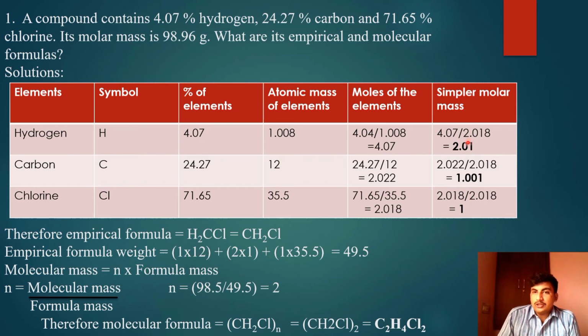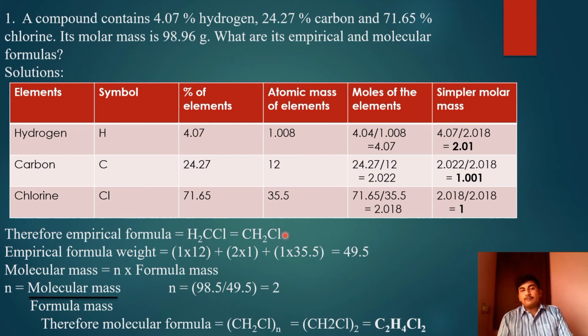So the simpler ratio we get is 2, 1 and 1, right? Therefore the empirical formula: hydrogen is 2, carbon is 1, and chlorine is also 1. So H2CCl. After rearranging, CH2Cl is the empirical formula.